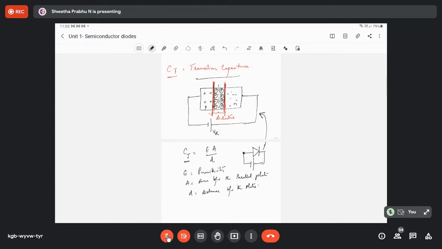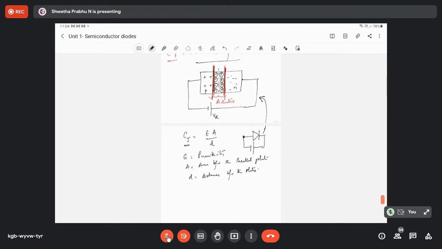Those are not charge carriers, those are immobile ions. A large number of immobile ions can be found inside the depletion region. I can call this a dielectric, and these two regions form the parallel plate capacitor. This behaves like a parallel plate capacitor.